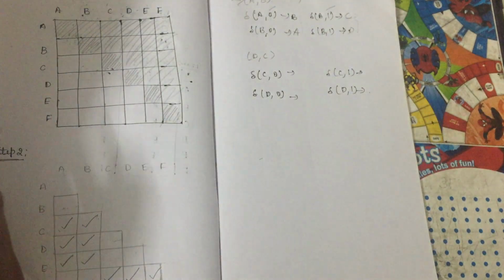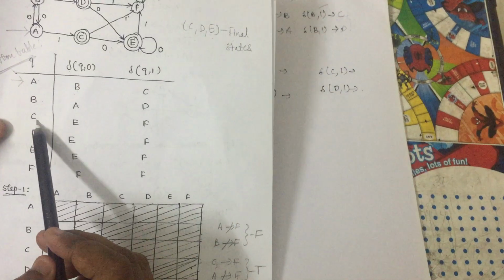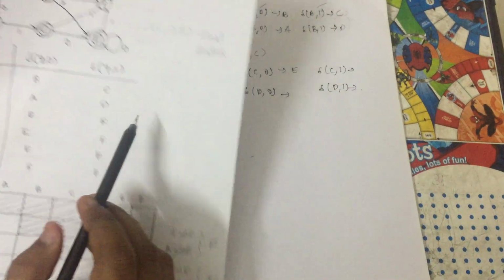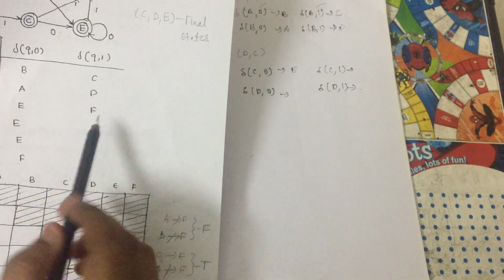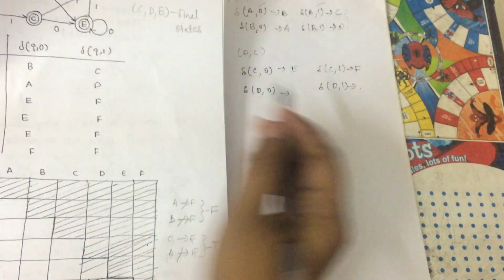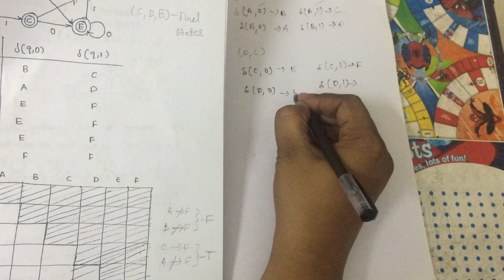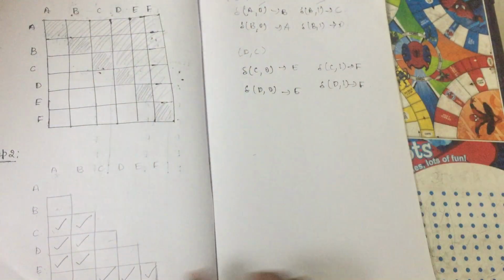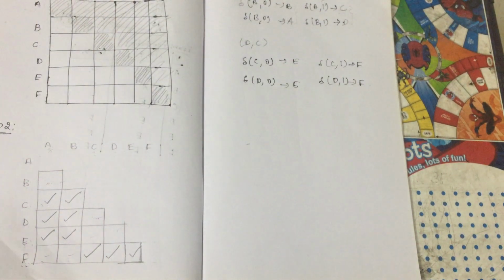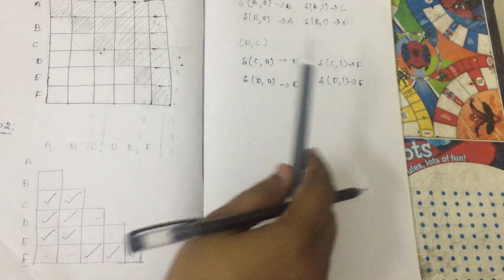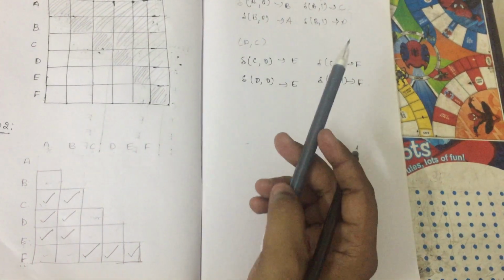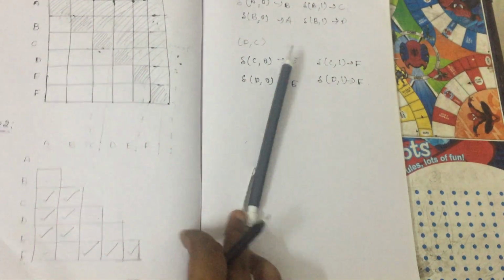Delta of C comma 0, in the transition table, is E. Delta of C comma 1 is F. Delta of D comma 0 is E. Delta of D comma 1 is F. Do we have the pair E comma E here in the table?